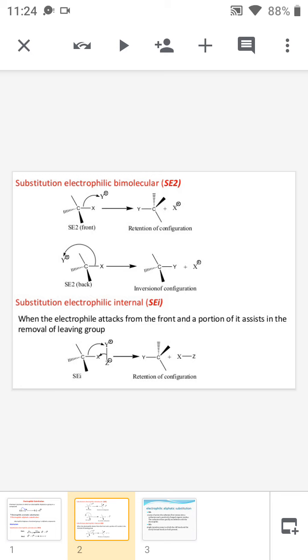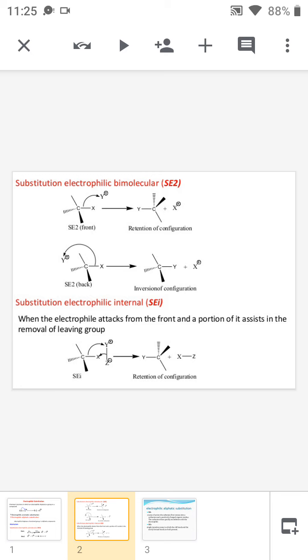So the next category is substitution electrophilic internal. As we discussed in SNi, this is also an internal electrophilic substitution reaction, so it is named SEi. In some cases, the electrophile attacks from the front, and there is some portion attached to the electrophile which assists the removal of the leaving group.